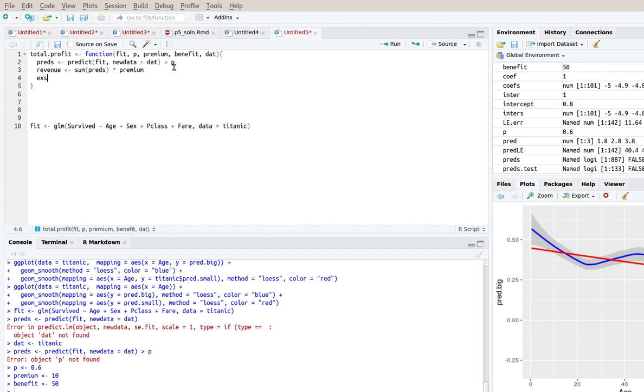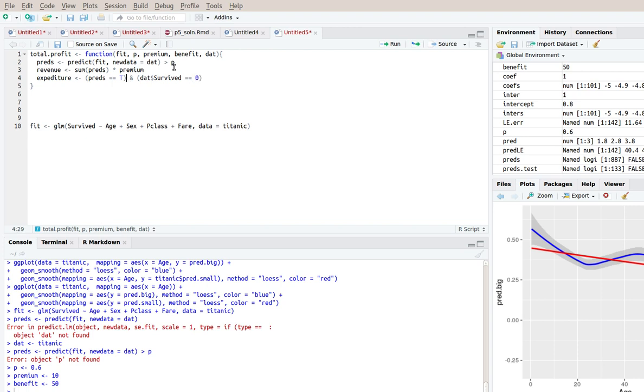So expenditure is going to be how much you pay out. Well, we're just looking at the people to whom we sold insurance. So that would be preds is equal to true, and who also died. So that would be and survived is 0.